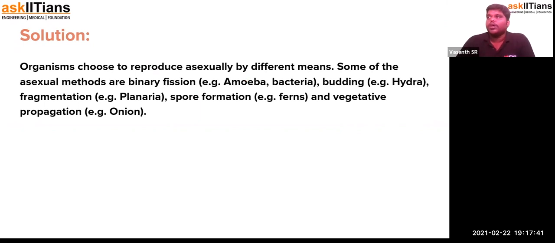Budding in hydra, fragmentation in Spirogyra, and planaria includes regeneration. Ferns and fungi involve spore formation, and vegetative propagation includes onion, grass, and potato. All these things involve asexual reproduction.